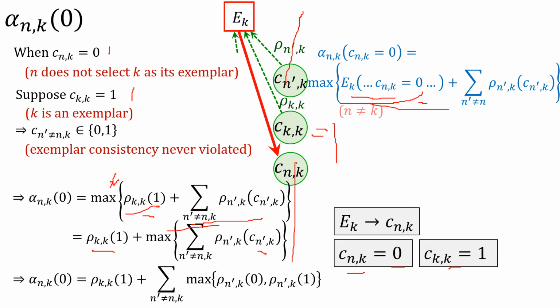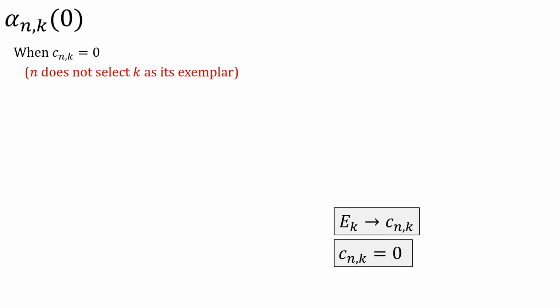Cn'k can be 0 or 1, and this maximum, instead of carrying it out globally over all of these cn'k's, we do it locally, separately for each term. So this is an expression which we need to remember. Now we look at alpha nk0.